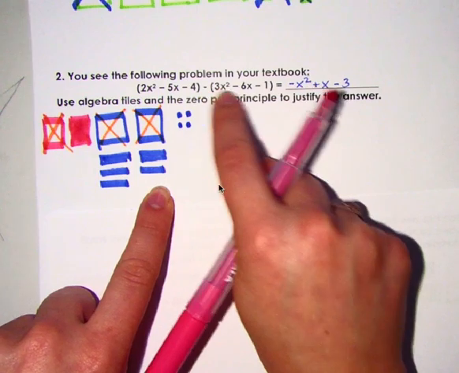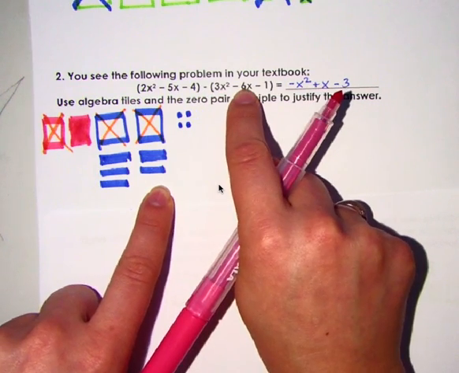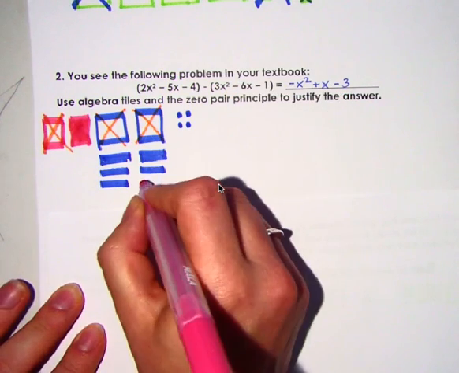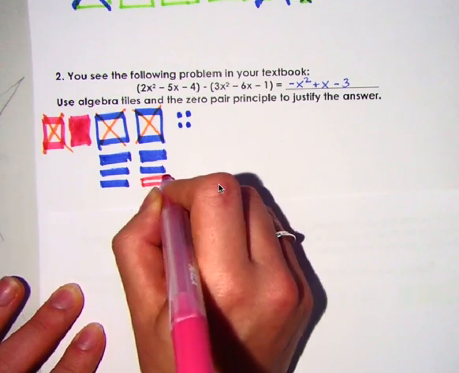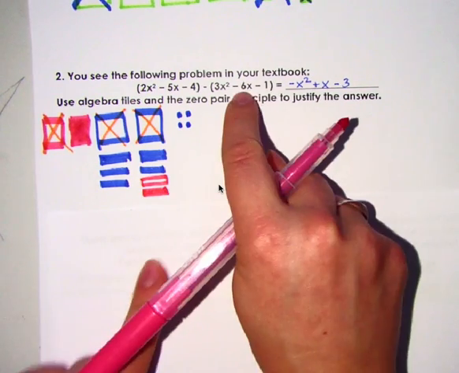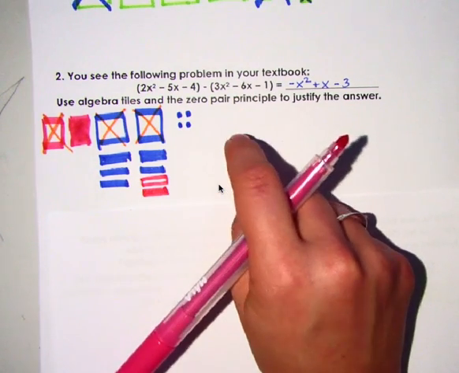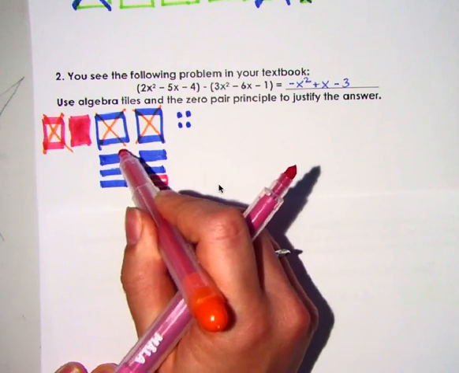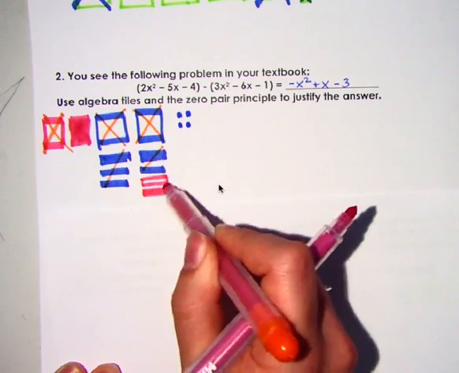Therefore, when you want to take away 6 negative x's, you should see that that can't be done unless you bring in a zero pair to not change the value of your x's, but to give you that 6th rectangle to take away. So now you can take away 6 negative x's, 1, 2, 3, 4, 5, and 6.